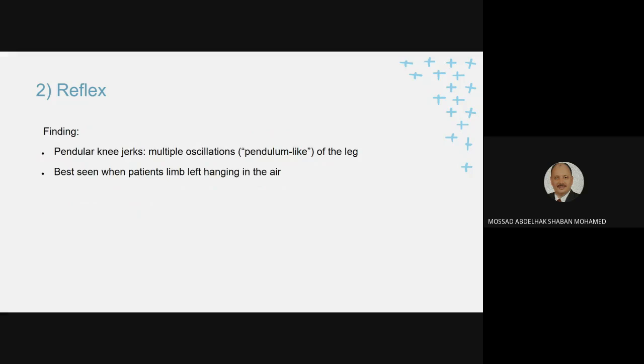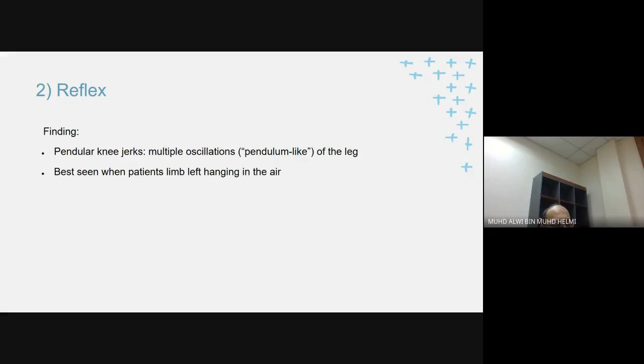Reflex. Again, it's pendulum. Sometimes you may confuse between pendulum cerebellar reflex and hyperthyroid reflex.